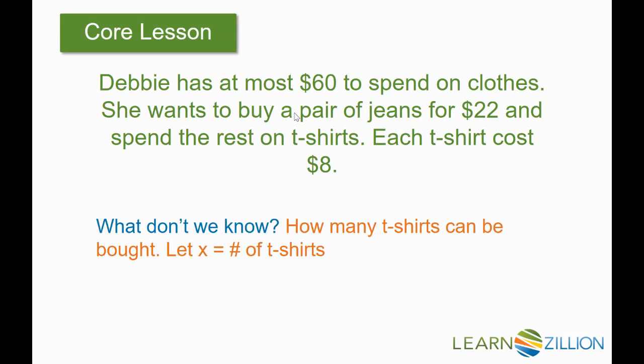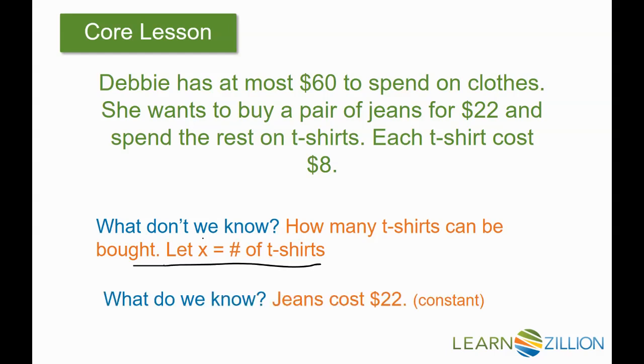What don't we know? Well, we don't know how many t-shirts she could buy. So we are going to let x represent the number of t-shirts that she can buy, or just the number of t-shirts in general. Now this is what we don't know, and here's our variable. What do we know?